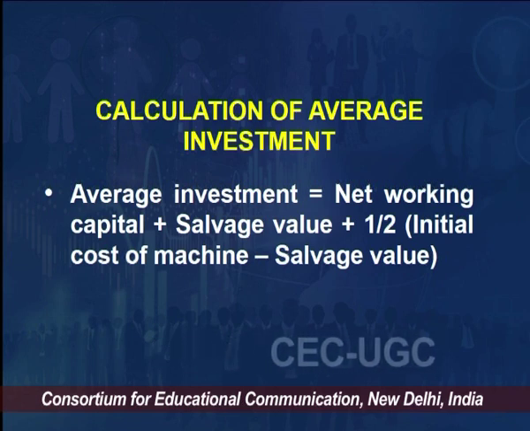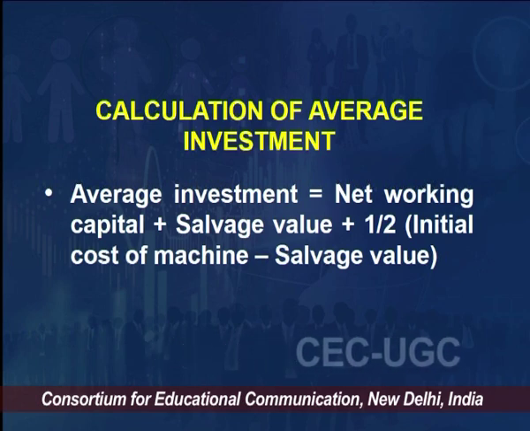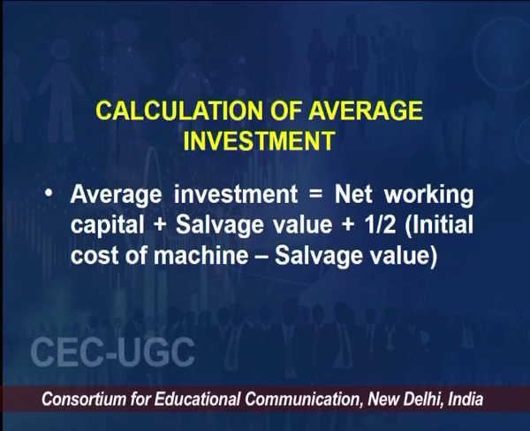And there is another way to calculate average investment. I am discussing both because you may find in one book the average is just by dividing by 2. Other books may show the average investment as the net working capital plus salvage value plus 1/2 of the difference of the initial cost of machine or investment minus salvage value.